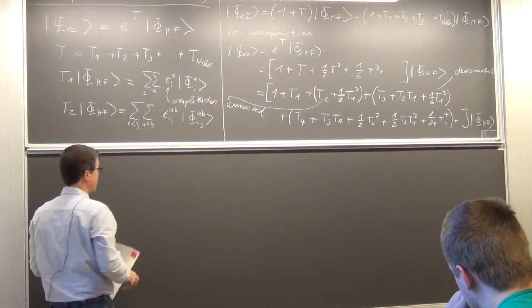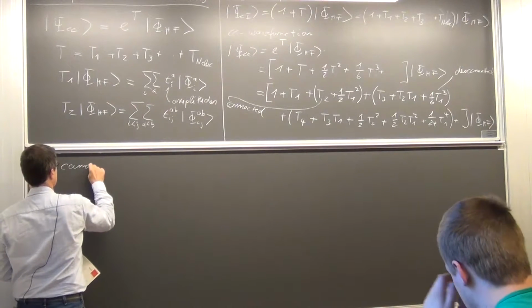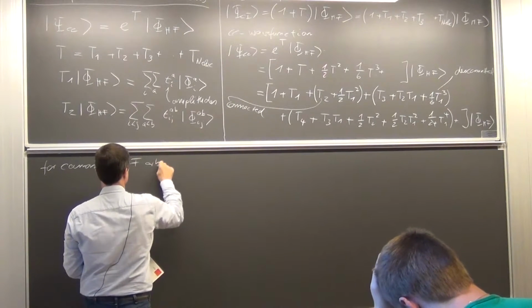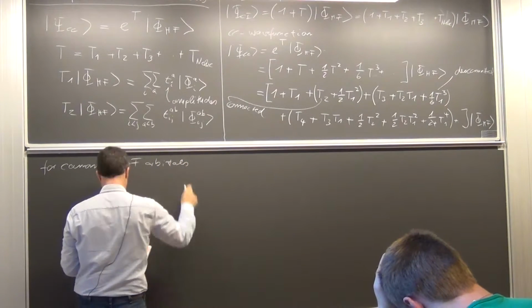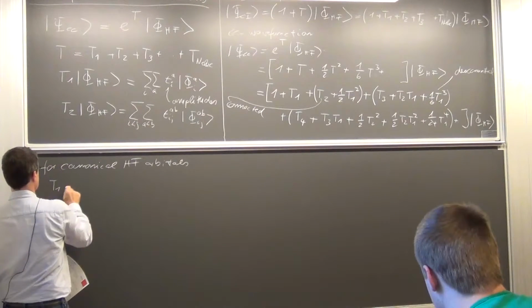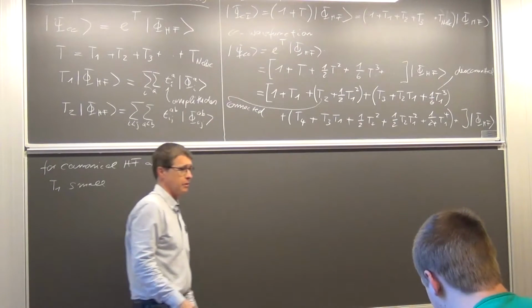Then we'll see that for canonical Hartree-Fock orbitals, you have that T1 is small. The contribution of T1 is small.